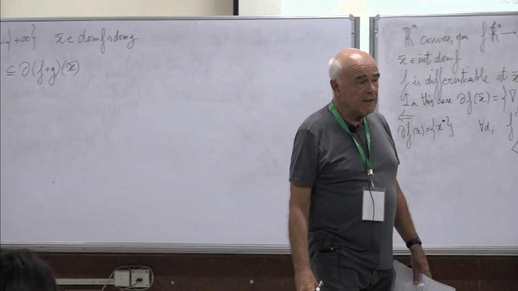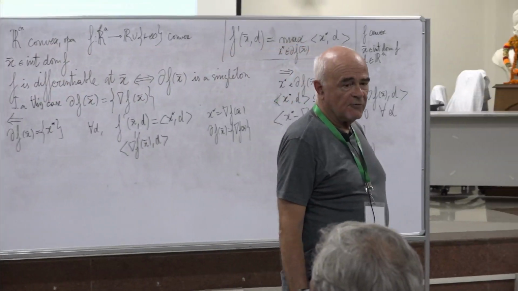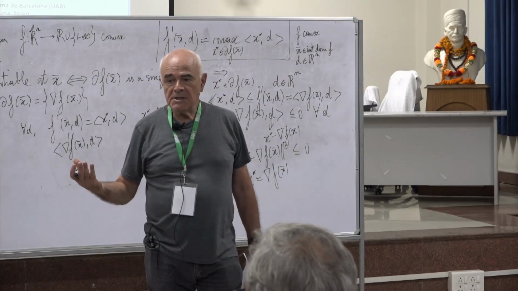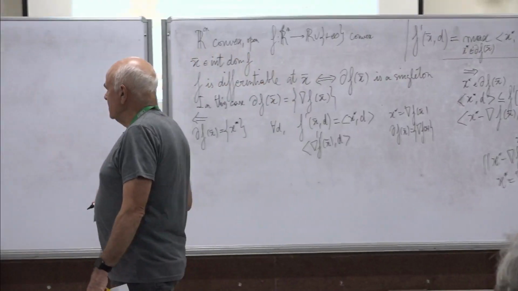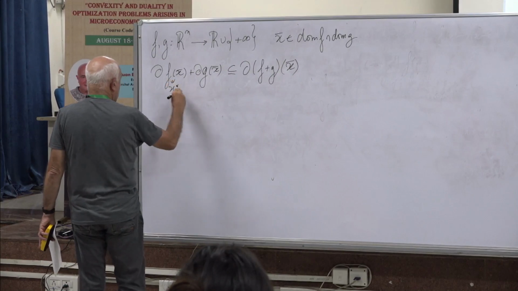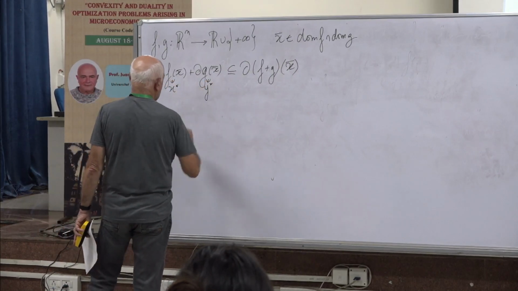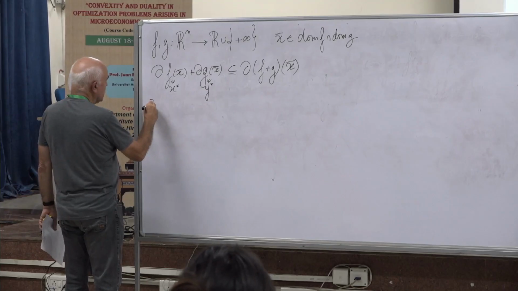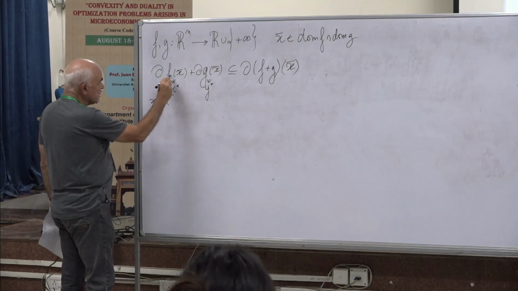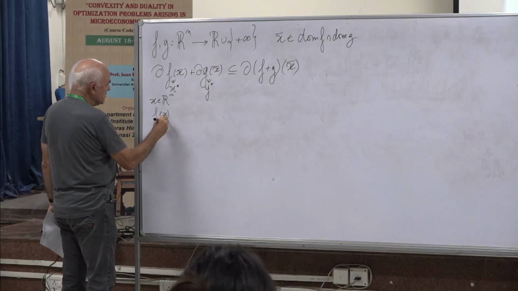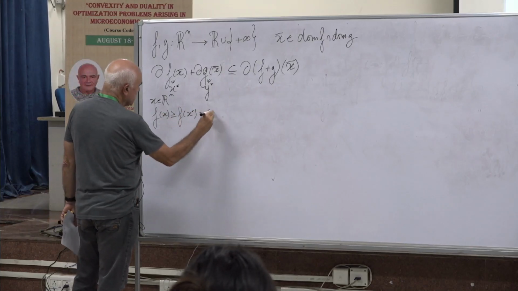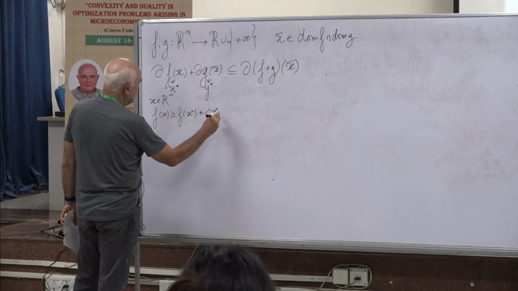Did I forget anything? Did I forget to say that the functions are convex? No, I didn't. This is true for every function. This is a trivial result. And if you take x star here and y star there, and you take any x in Rn, then because x star is in the subdifferential of f at x bar, you have f of x greater than or equal to f of x bar plus x star times x minus x bar.